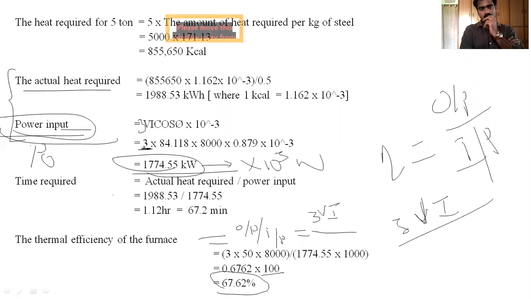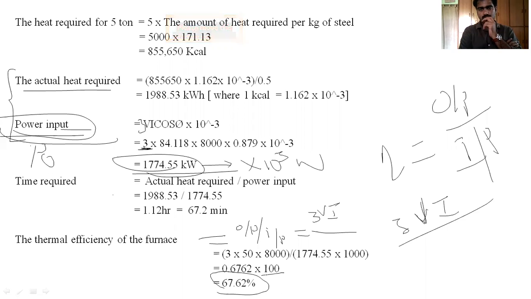So from this problem, you can easily understand how much time is required to melt the given amount of material, or your charge, to heat the charge. Charge is nothing but the steel here. He has given the latent heat per kg.